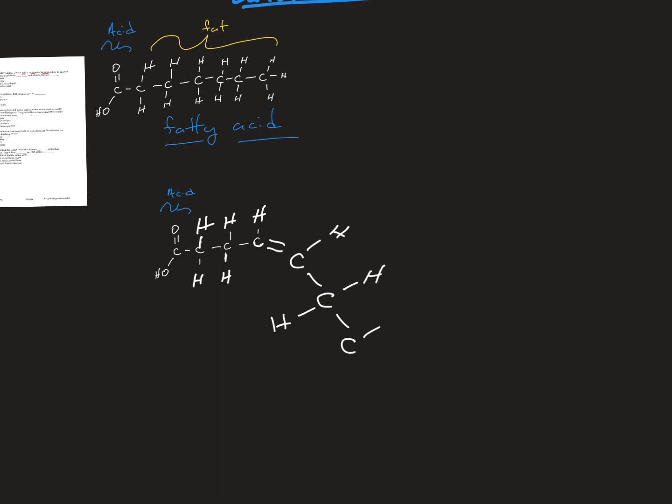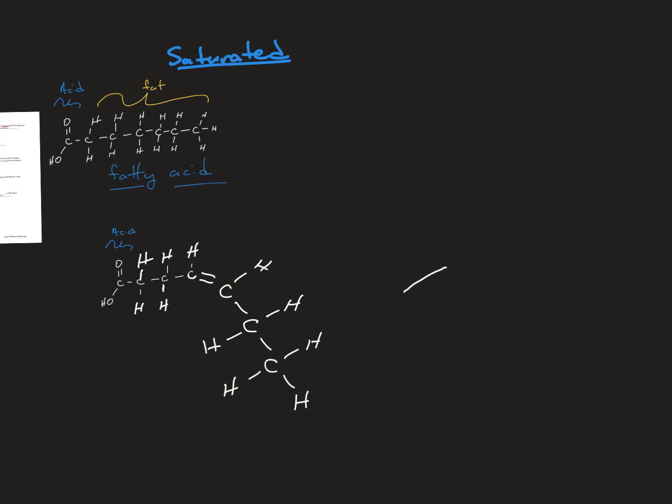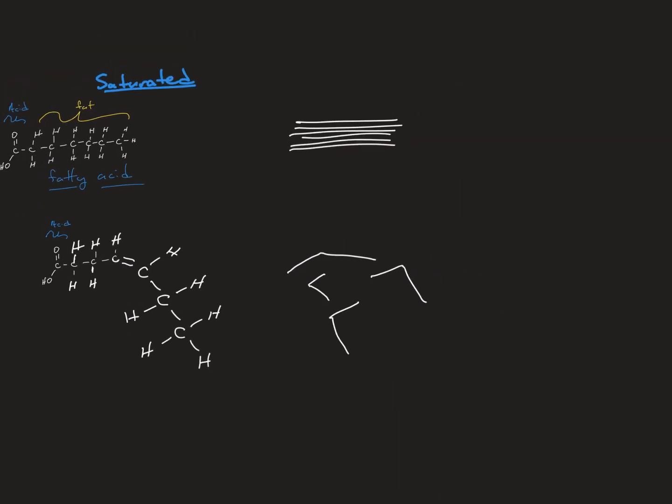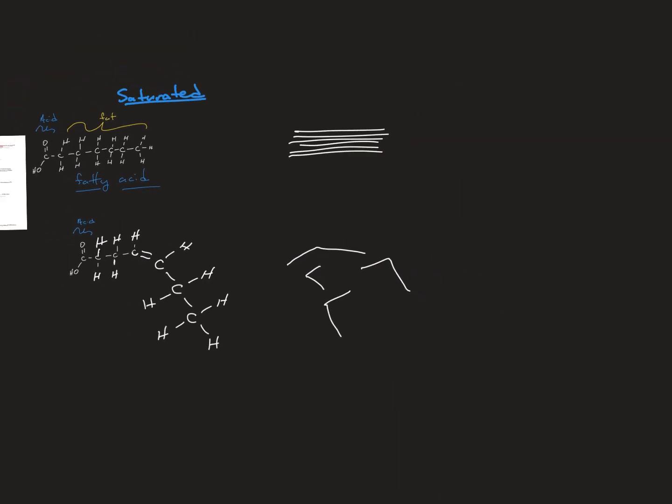The consequence of that fatty acid bending is that they don't layer on top of one another the way saturated fatty acids do. These are called unsaturated. Why do we call them unsaturated? Because there's a double bond. They're kinked, they're bent.